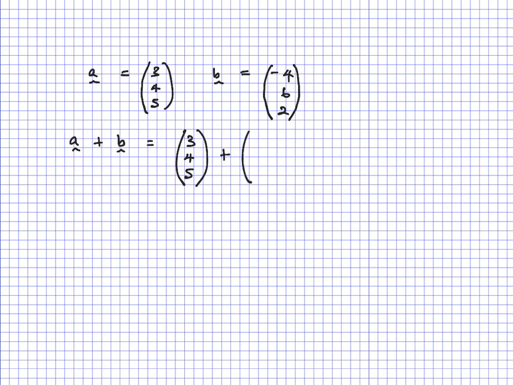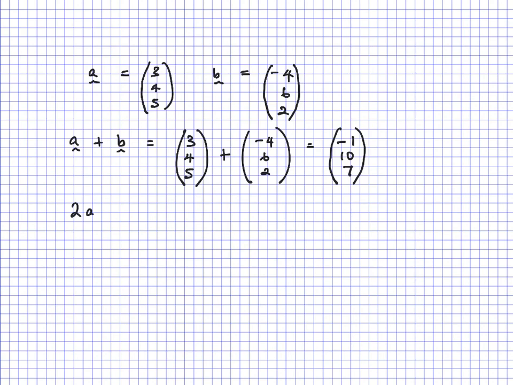If we have a second vector, vector B, which has components minus 4, 6, 2, well, we can add these two together, just as we do vectors in 2 dimensions. So 3, 4, 5 plus minus 4, 6, 2, and that gives us 3 plus minus 4 is minus 1, 4 and 6 is 10, and 5 and 2 is 7.